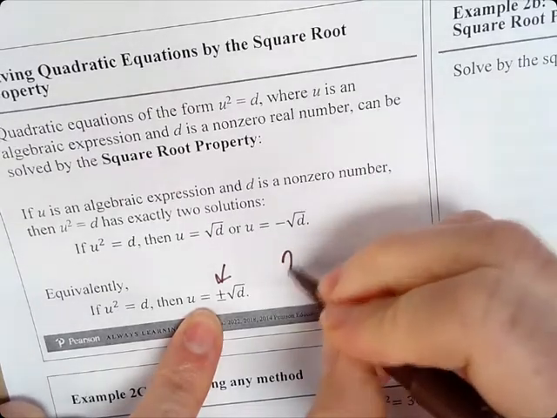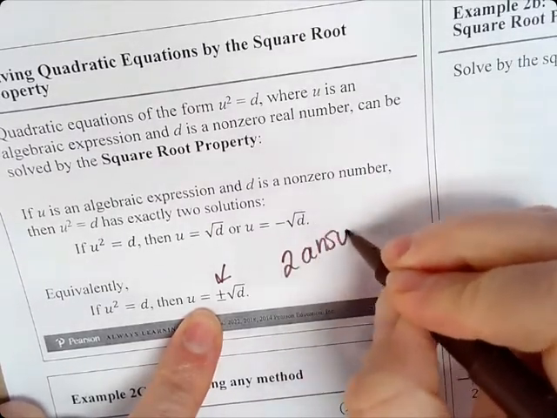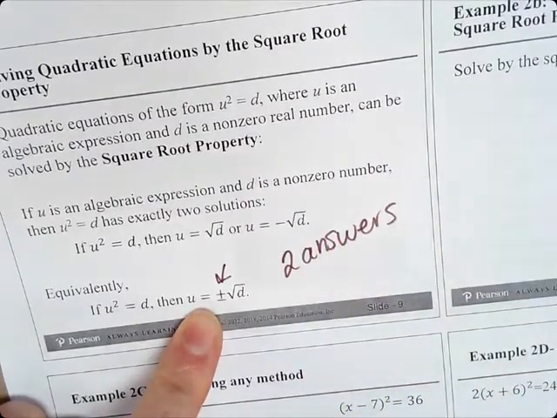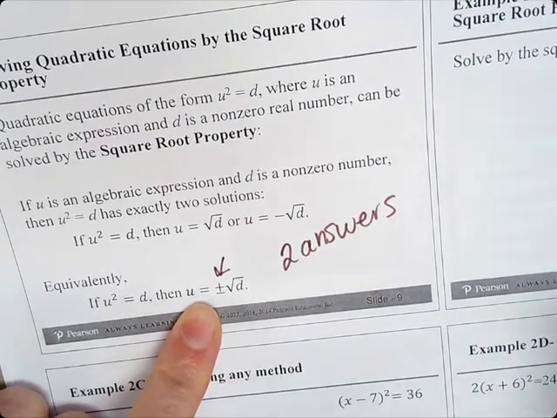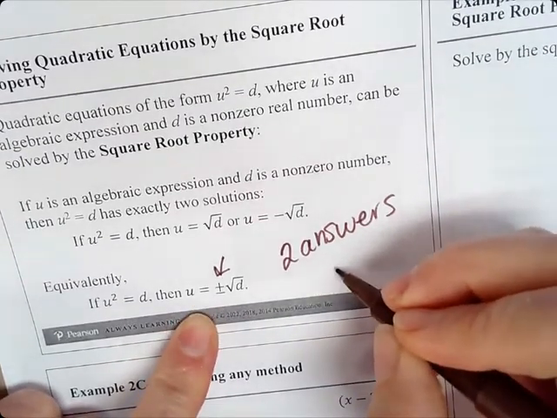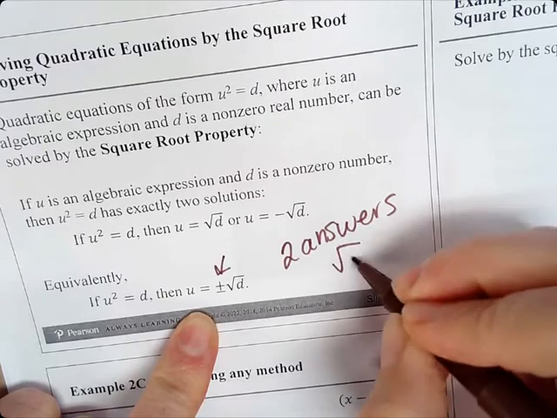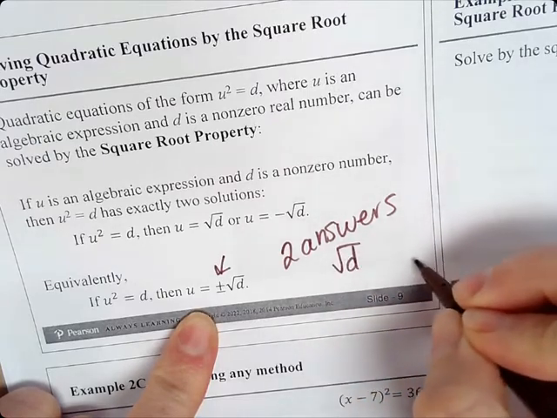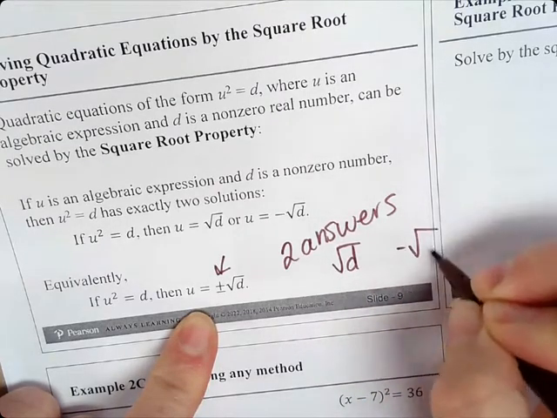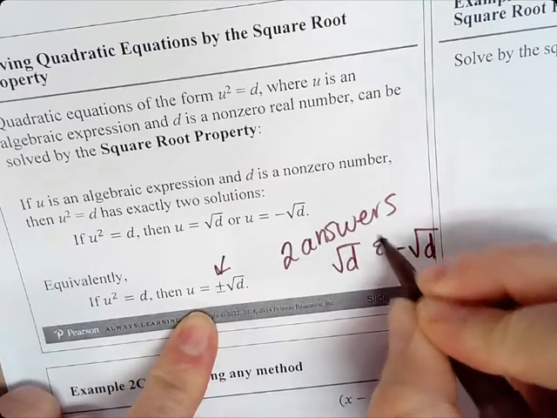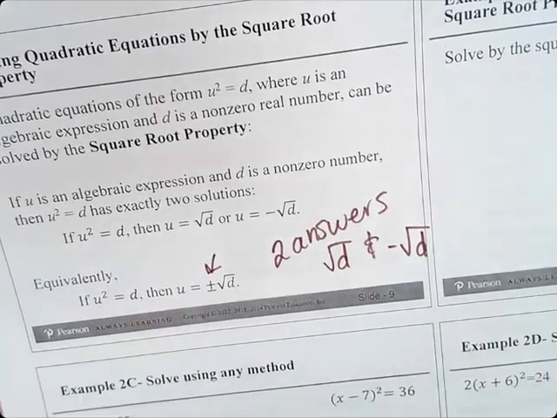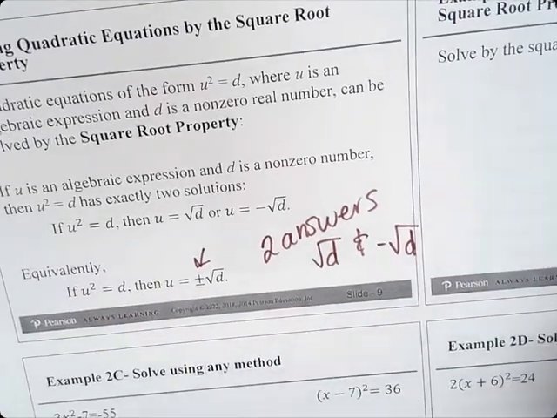That's where you're going to get your two answers. One answer is the square root of d, and the other one is the negative square root of d. You can put plus minus out there, but then you're going to have to separate them out and see if you can actually solve and find one solution.